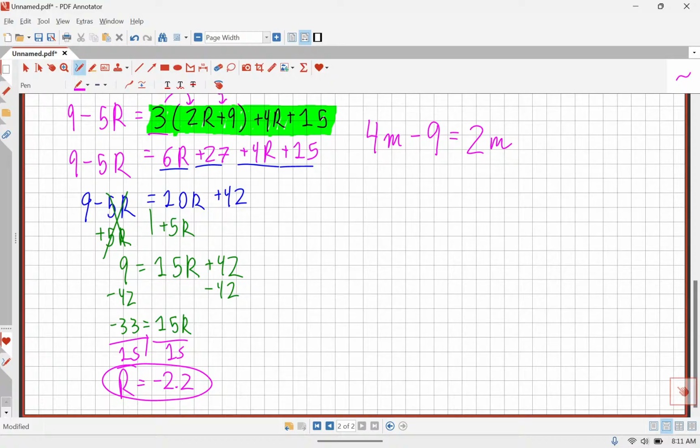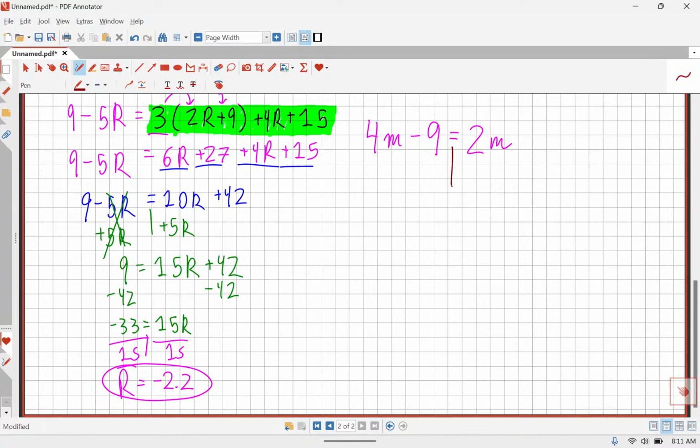I want you guys to know that no matter what these look like, the process remains the same as ever. Simplify them as much as you can, and then move the variables over to the same side. This one can't be simplified, so we're ready to move variables onto the other side. Noah, how did you move variables onto the other side for this?